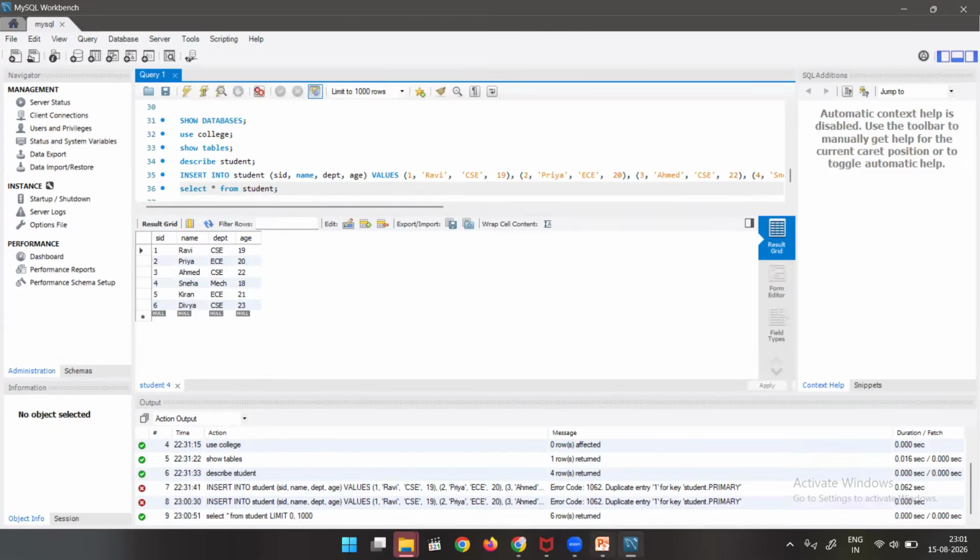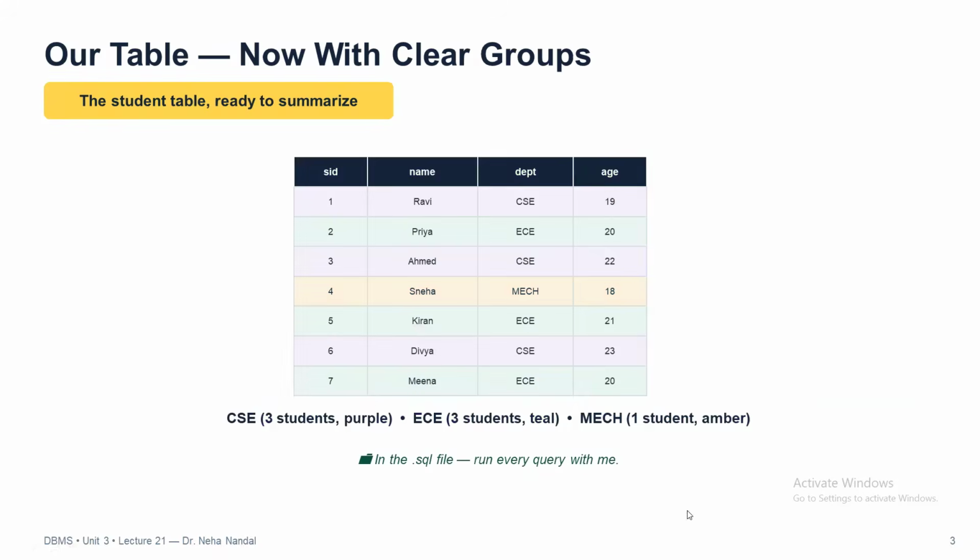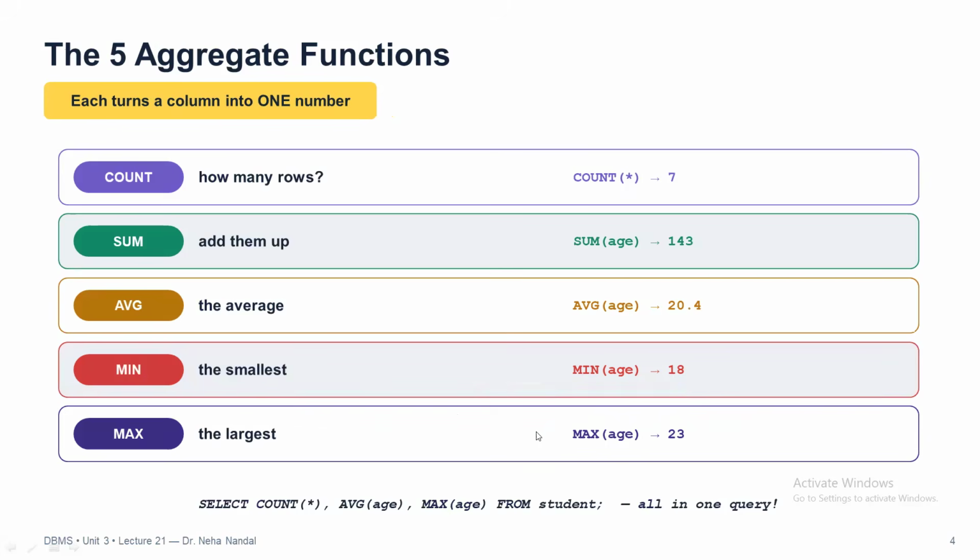Now let's move further and see our question. CSE has three students, EC has three students, and mechanical has one student. There are five aggregate functions that you should know: count, sum, average, minimum, and maximum.